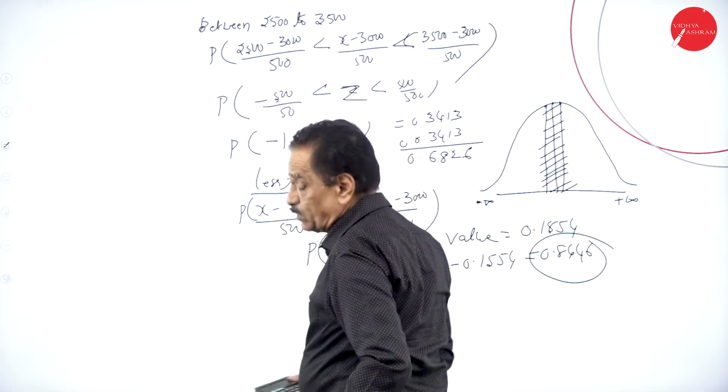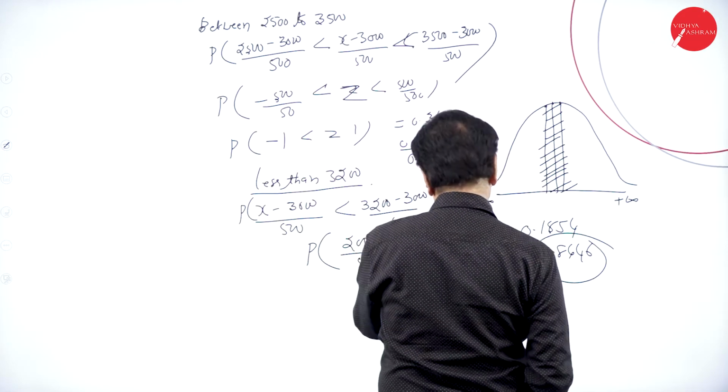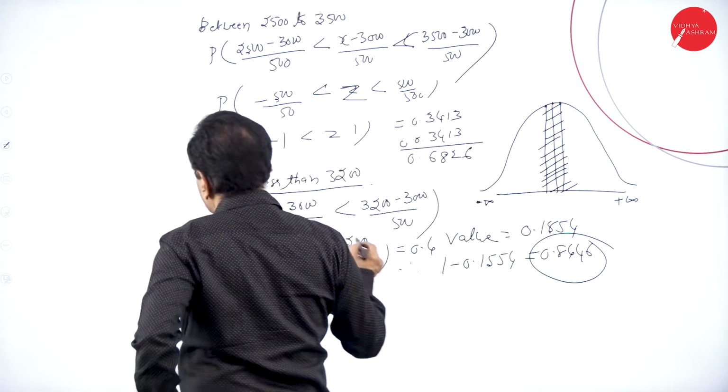Numbers are not given. That's why we are not multiplying the value. Put the value in a graph. Here is the value. What's the value? 0.4.